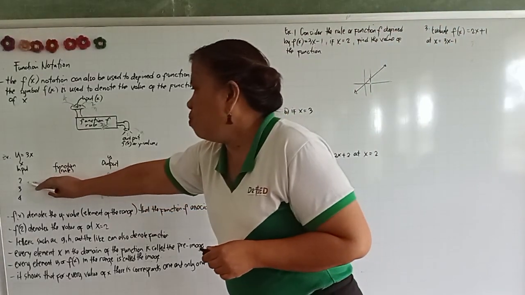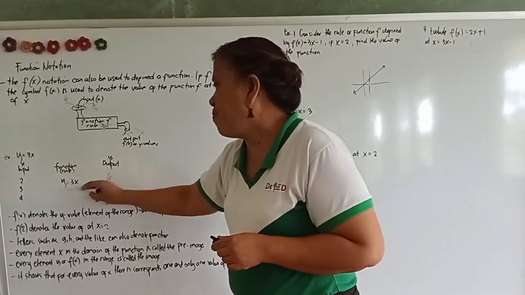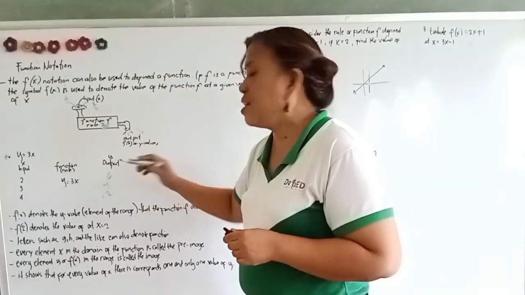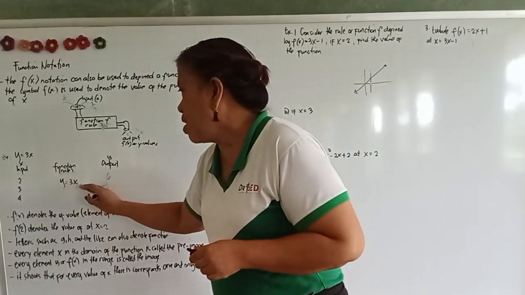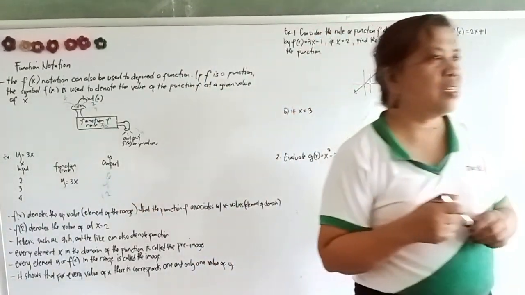So if we input 2, using our function notation y equals 3x, the output is 6. Our input is 2, right? The output is 6. Okay.